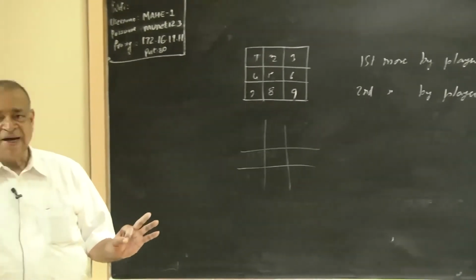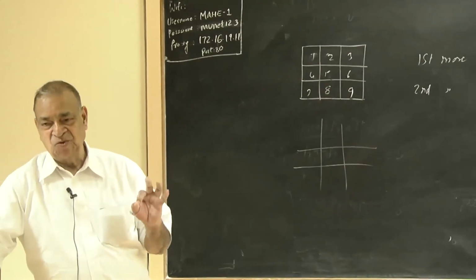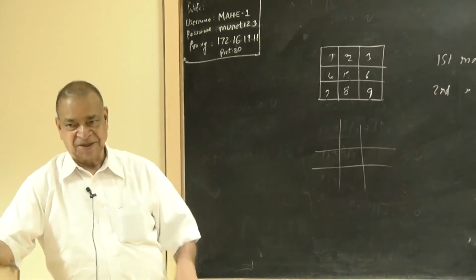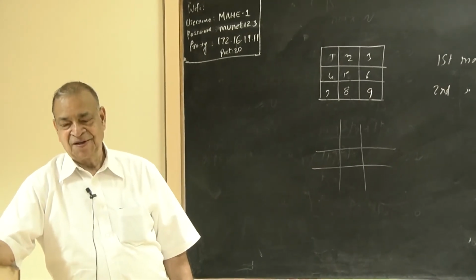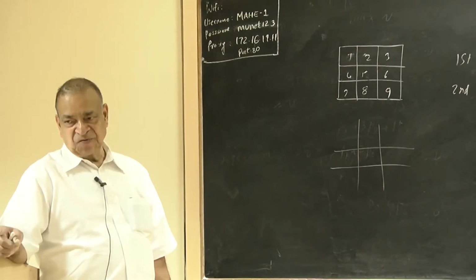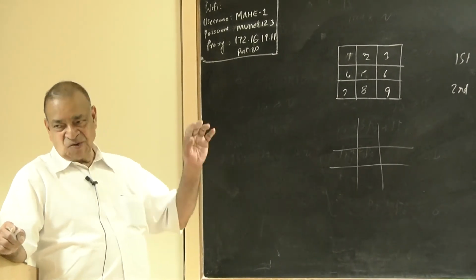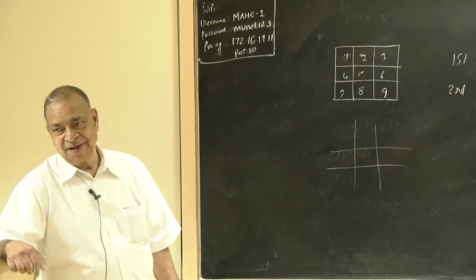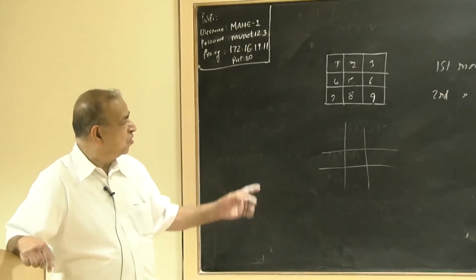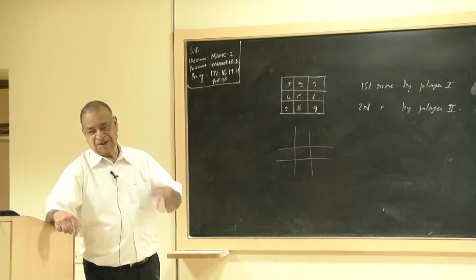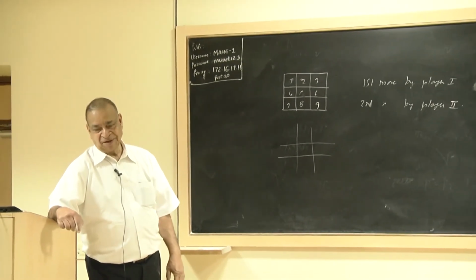If player 1 has to give instruction to his representative, what should be the instruction? Think of yourself telling your friend, who is going to execute your wish.